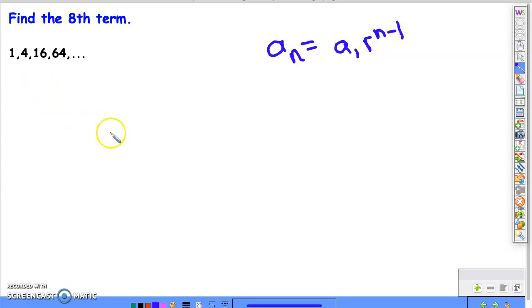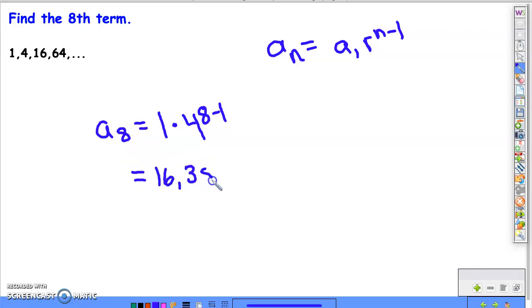So here we want the 8th term, so a8 is going to equal our a1, which is 1, times our rate, or our ratio, which we're multiplying by 4, to the 8 minus 1 power. So take 4 to the 7th, and we get 16,384 for our total there. Pretty simple.